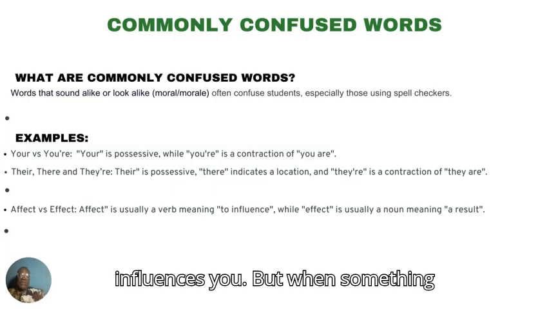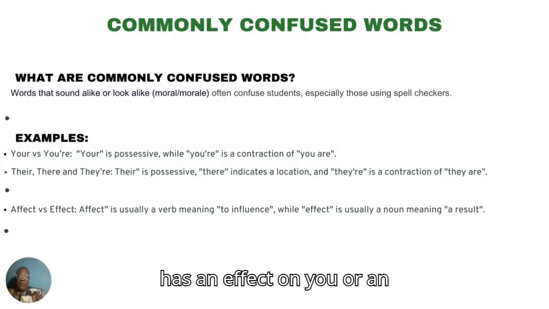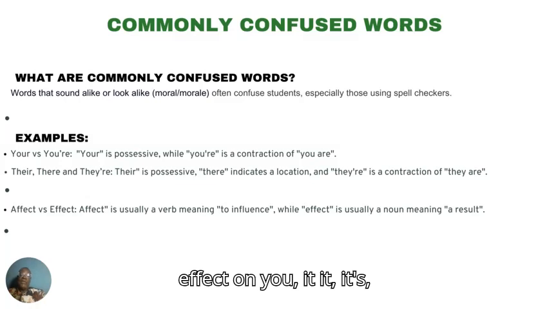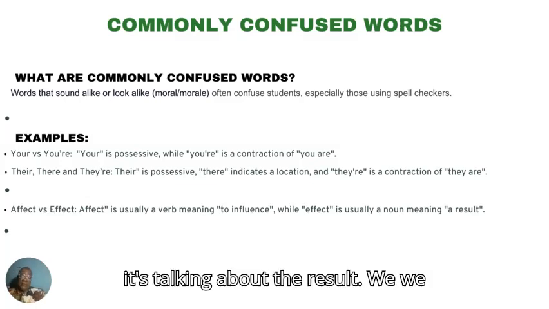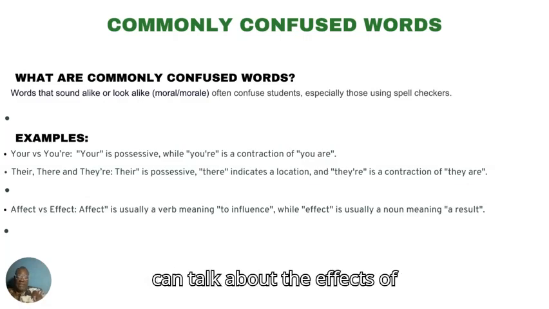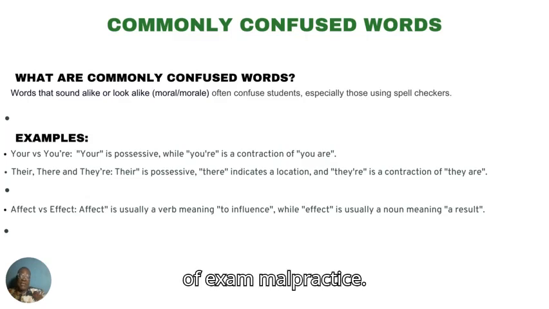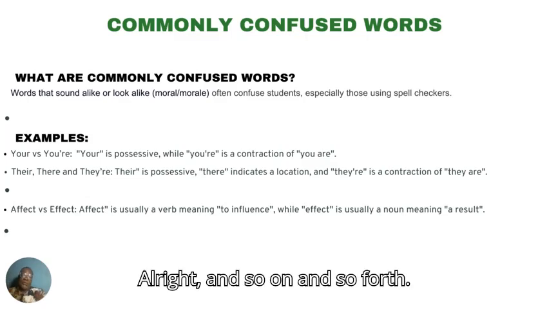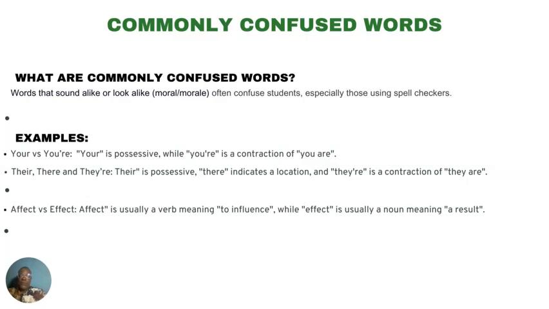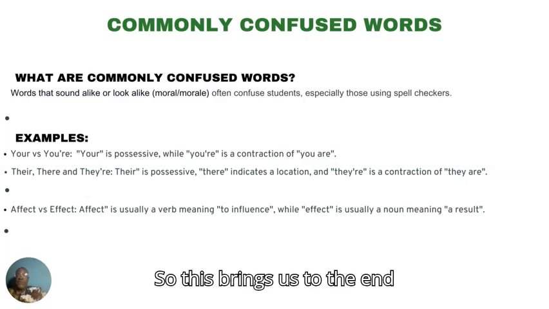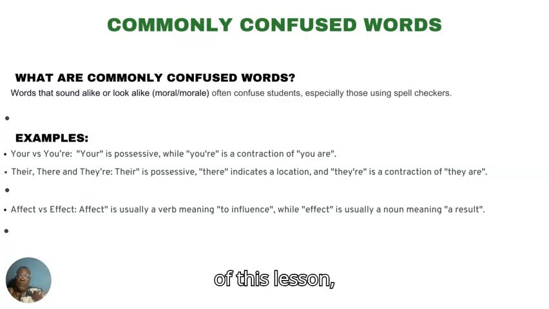But when something has an effect on you, it's talking about the result. We can talk about the effects of alcoholism, the effects of exam malpractice, all right, and so on and so forth. So this brings us to the end of this lesson.